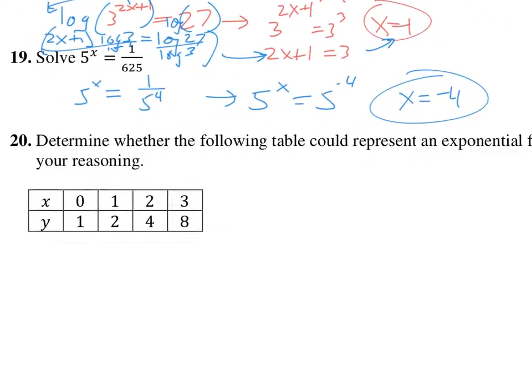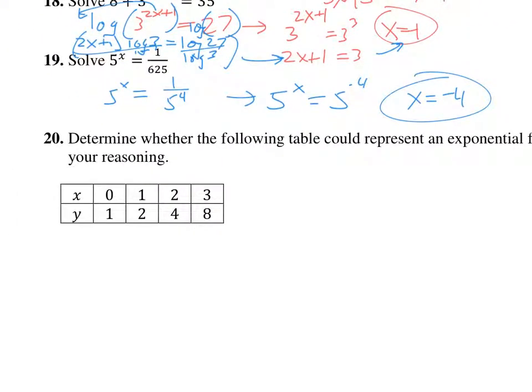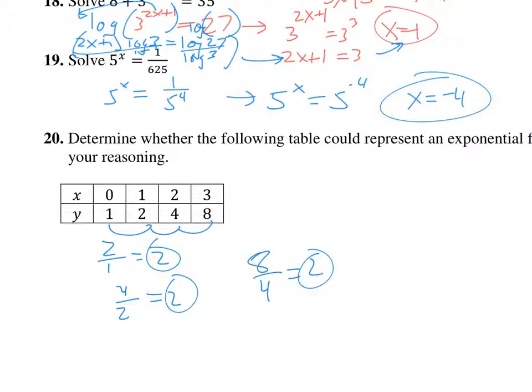Okay. Last but not least, could this be an exponential function? Well, we've got to check the quotients. 2 divided by 1 is 2. 4 divided by 2 is 2. 8 divided by 4 is 2. We have a constant multiple there. We're multiplying by 2 times 2 times 2.